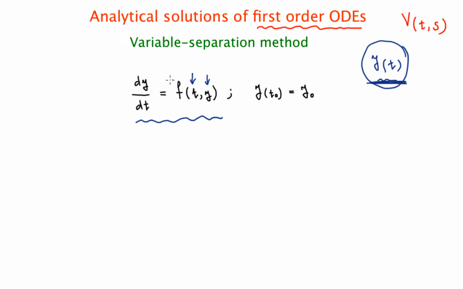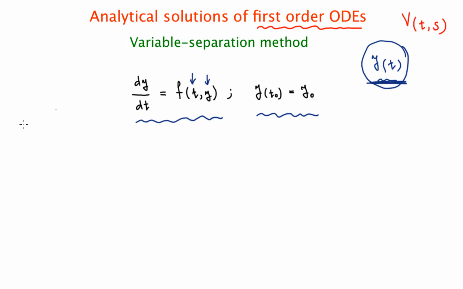And in order to have the precise function that satisfies this equation, besides the differential equation, we do need an initial condition. An initial condition has to be specified as well. In this case, the y function at some initial time, we're going to call it t naught, is equal to y naught.